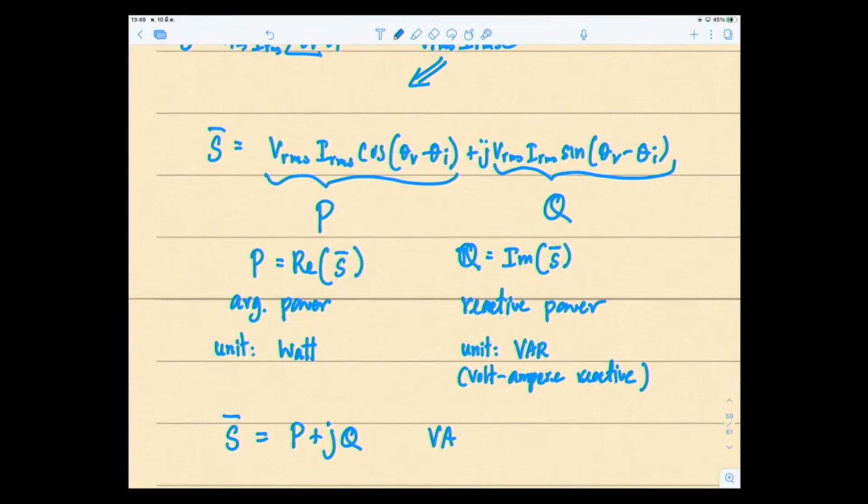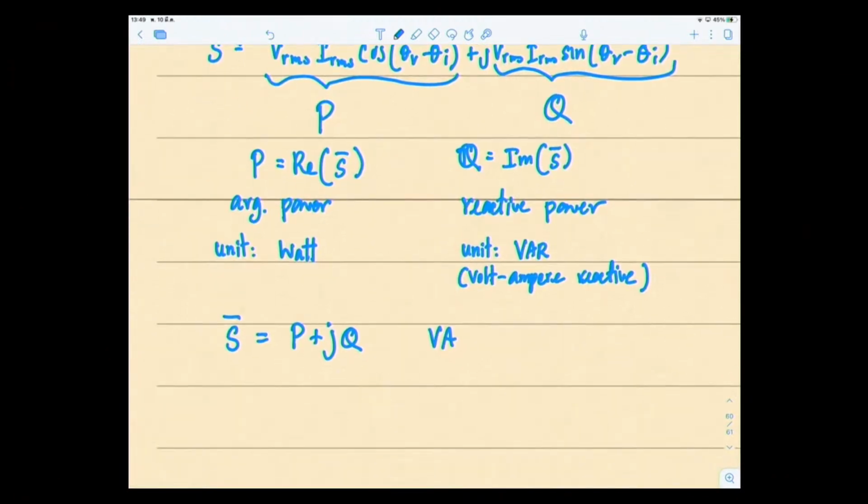Okay. Well, the complex power not only can be expressed in terms of the real part and imaginary part as P plus jQ, there's also a formula that can be expressed in terms of the impedance.